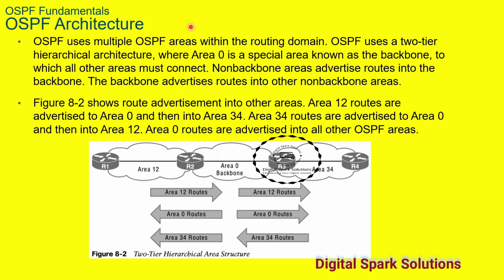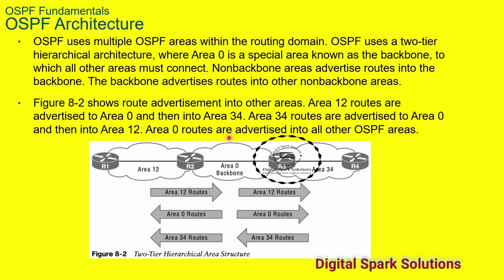Area 0 is also known as the backbone, and all other areas, area 1, 2, 3, 4, etc., should be connected to the backbone area to intercommunicate between different areas. The backbone will advertise routes into the non-backbone areas.